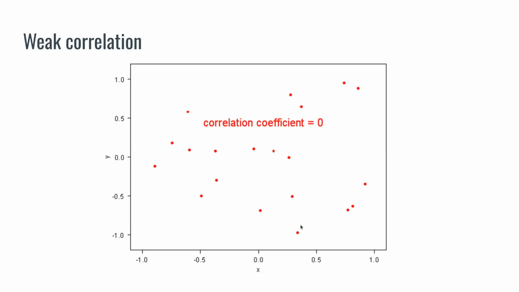So for example, we see X value is about 0.3, and it is related to Y value being almost -1, but at the same time, Y value is almost like 0.8. So we don't really see a clear trend. And when we have a scatter plot looking like this, we would say it has weak correlation between two variables.